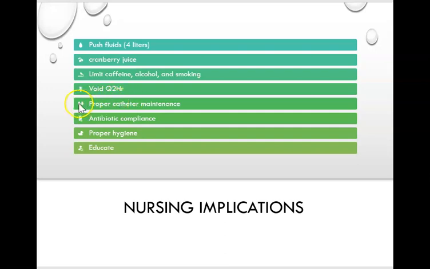I also don't like it when those bags are too full, so I tend to empty them every single time I'm in the room. And then we have special wipes we use at Unity Point for pericare for patients that have catheters. The other component is patients that intermittent cath or self-cath. A lot of times that's more of a clean than a sterile procedure, so you want to make sure that they're doing that properly.